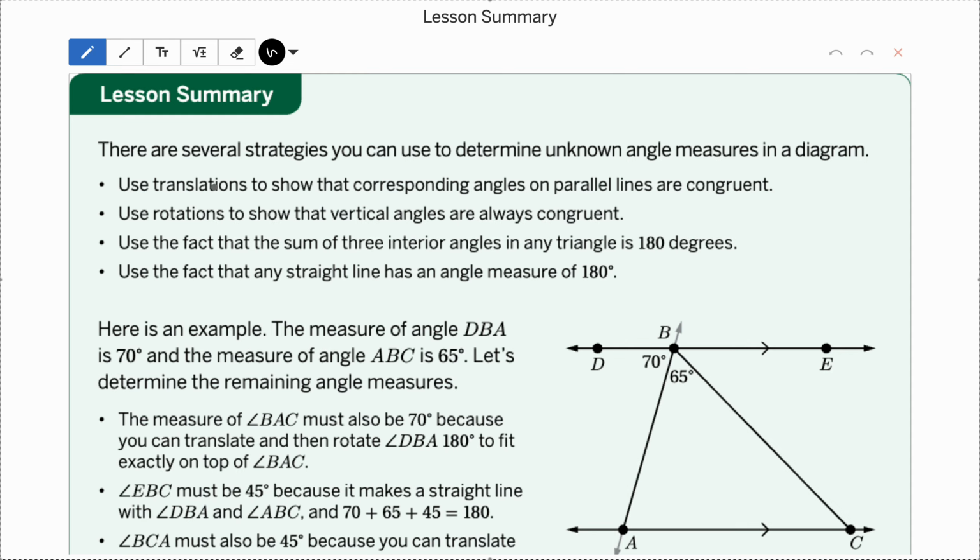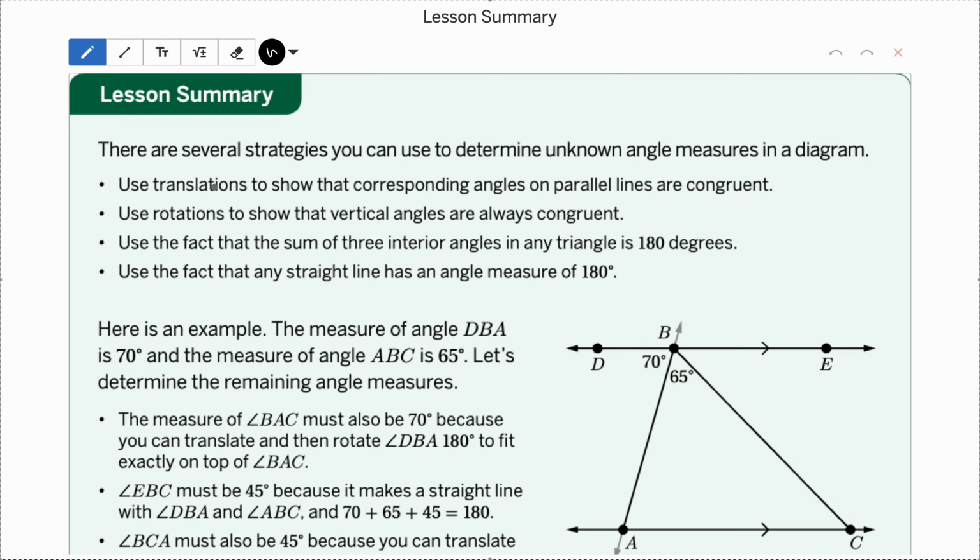And that answers ACB. Okay, so now you should know what this angle is. Now I'm going to erase all of this. Okay, so we have now solved for this angle.